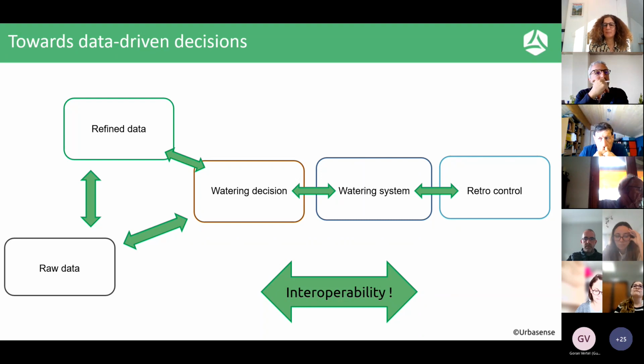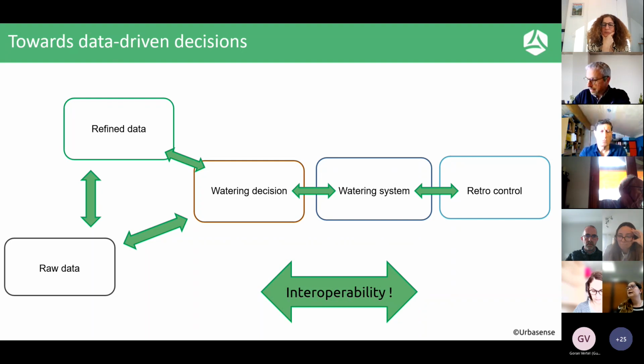Is it on a high-traffic pathway? Is it a difficult site? Does the tree cost a lot of money? We won't take the same decision if we really need to keep the trees alive, or if we can afford to lose maybe 1% of the trees. And with this refined data, we'll take a watering decision.